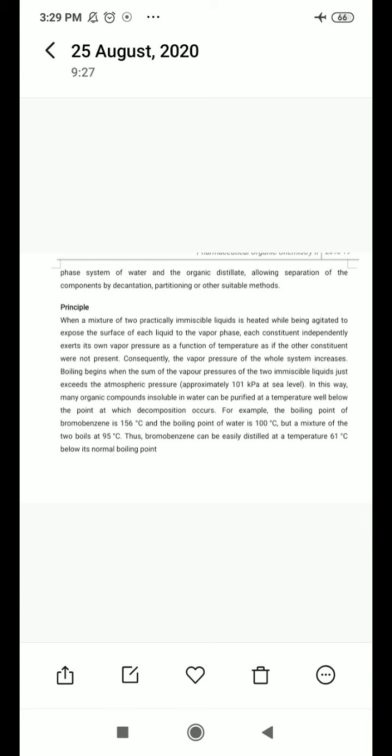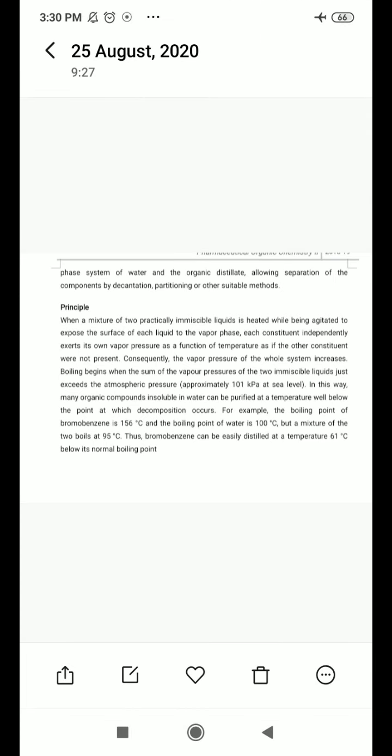If a particular compound has a boiling point of 156 degrees Celsius, but we separate it at a low temperature, 61 degrees Celsius, then the compound is chemically very pure in nature. The chemical nature of that compound cannot be degraded, so its purity is maintained.